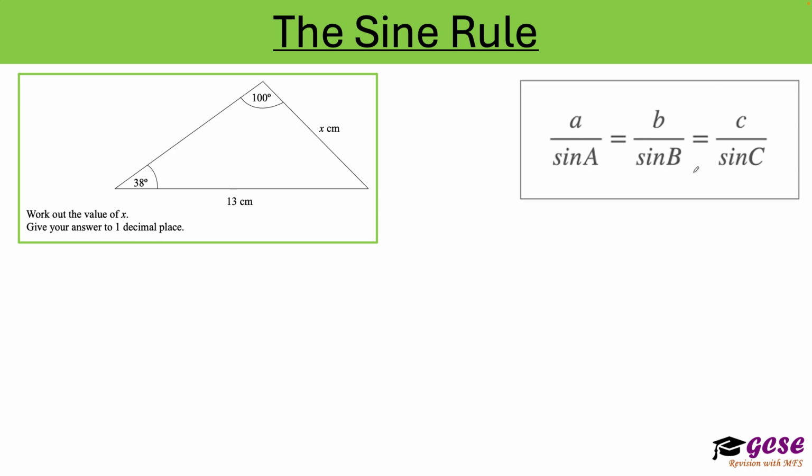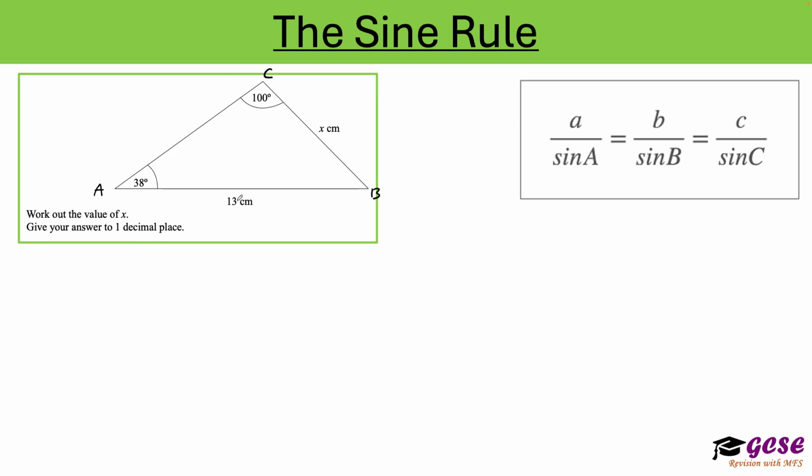So for the time being, just label the corners A, B, and C. I'm just going to label this one as A, this one as B, and this one as C. Make sure that the labels you've added are all in capitals: A, B, and C.